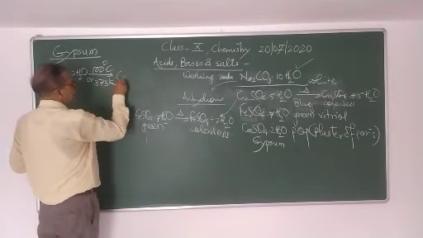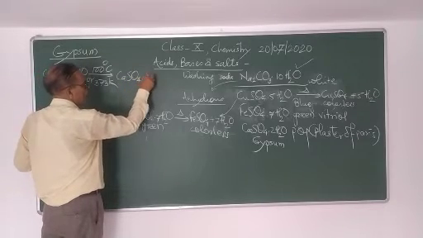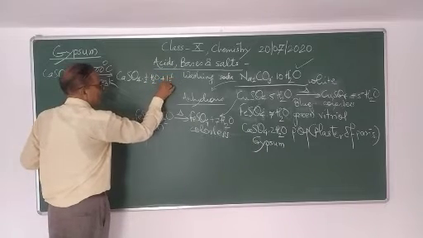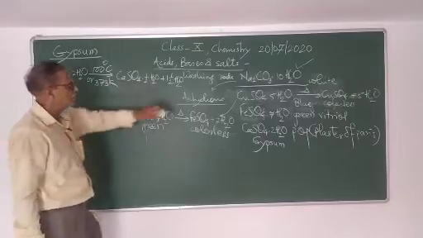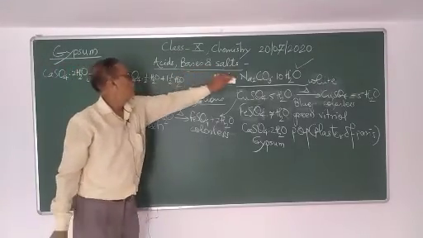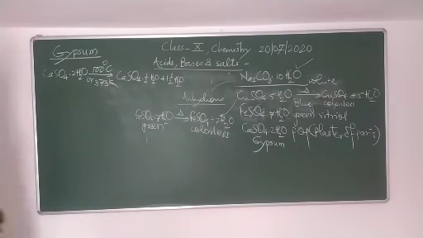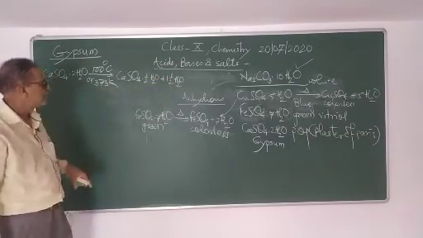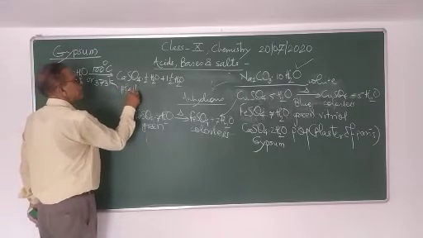So we get CaSO4·½H2O plus 1.5 H2O. So we are getting 1 or 3 by 2 H2O. 1.5 H2O means what? 3 by 2 H2O, and this is the plaster of Paris.